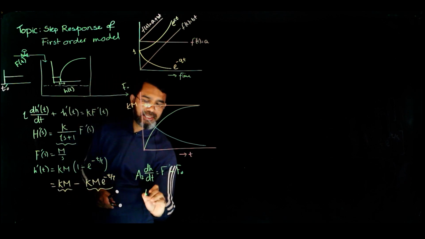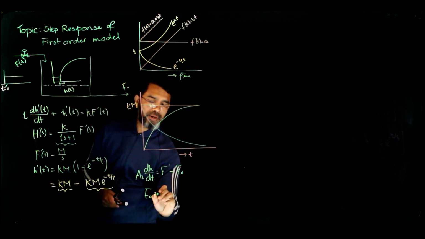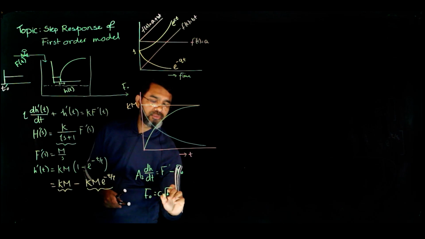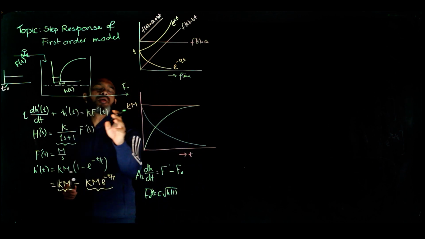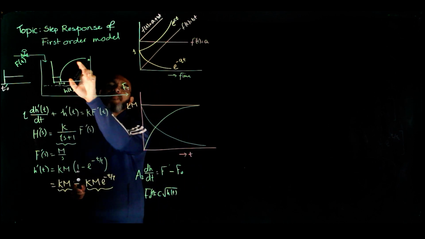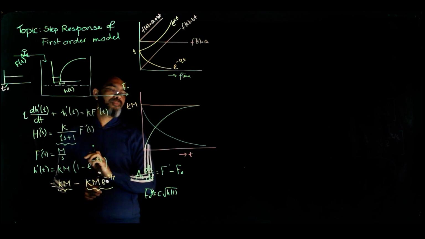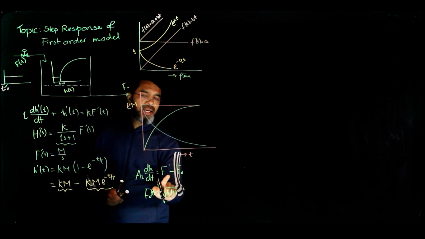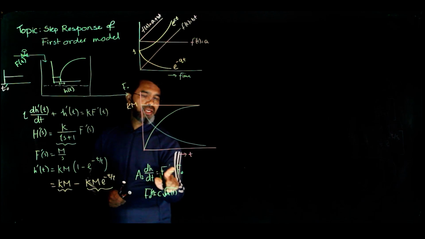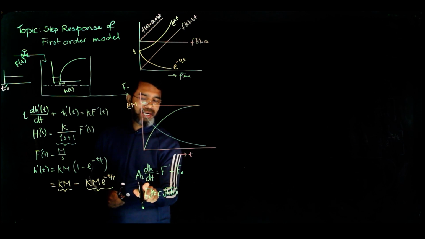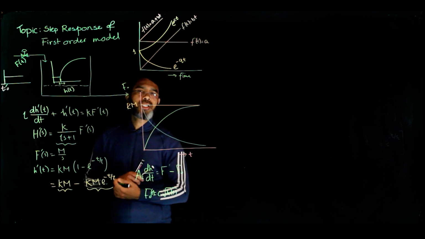And we know that this F naught equals some function of this level here. So if h goes up, F naught goes up. So what you're seeing here is, if F remains constant, with the increase of h, the F naught goes up, meaning that as we are subtracting F naught from F, dh over dt will go down.